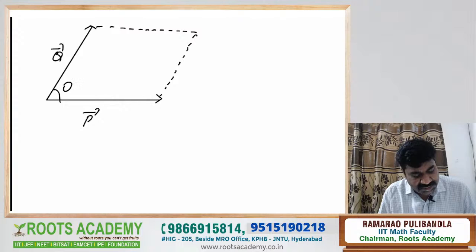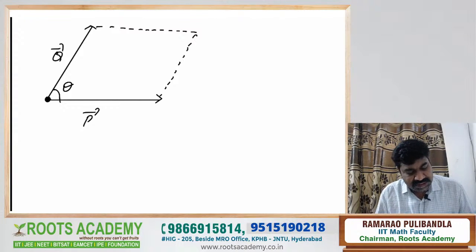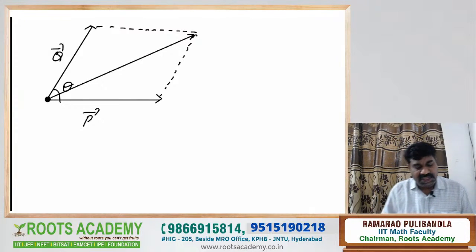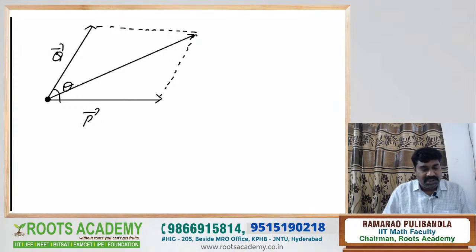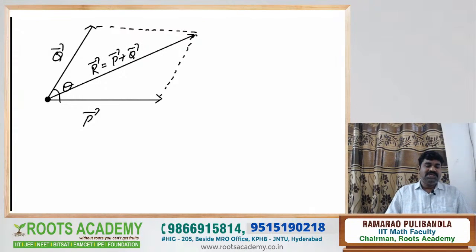The angle is taken as some theta. Now the resultant is the diagonal of the parallelogram. That is nothing but R bar is equal to P bar plus Q bar. That gives the resultant magnitude and direction.